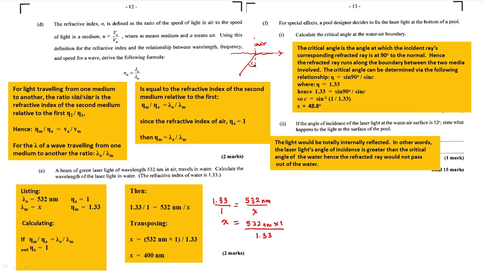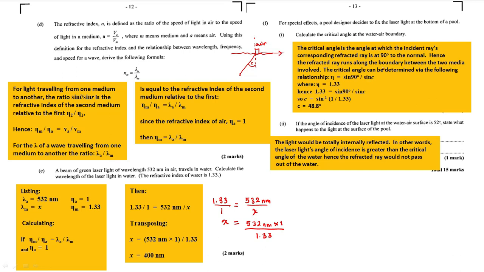The critical angle is the angle at which the incident ray's corresponding refracted ray is at 90 degrees to the normal. Hence, the refracted ray runs along the boundary between the two media involved. So this is the boundary right here.